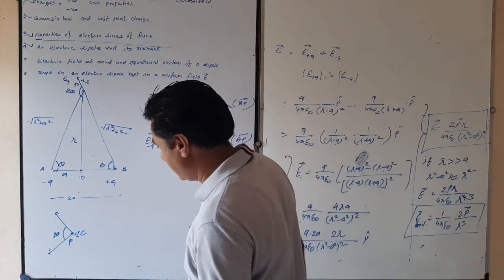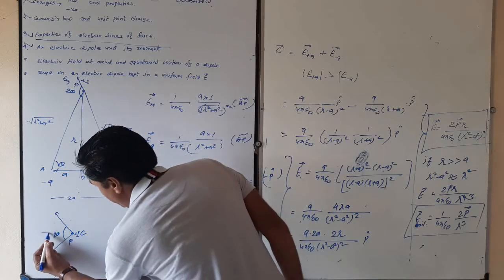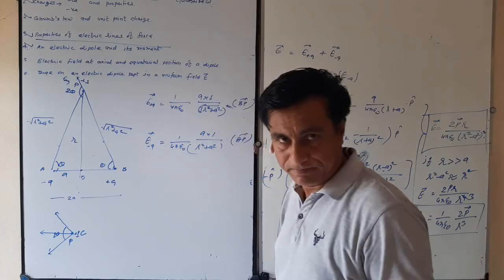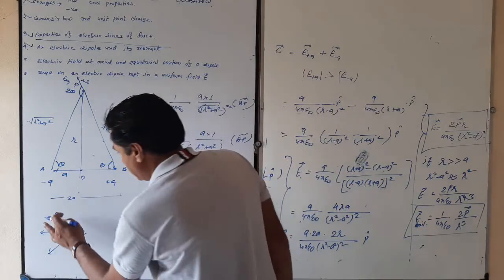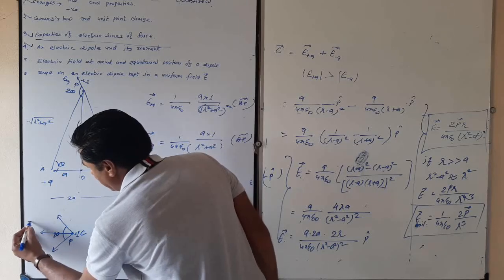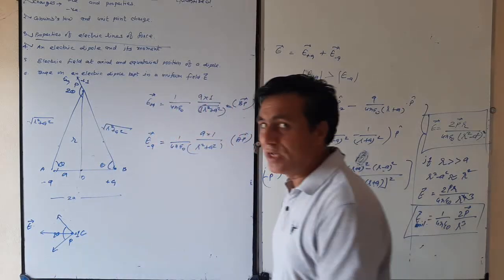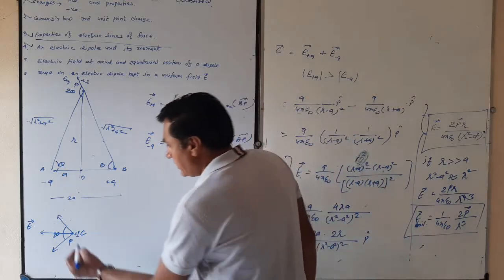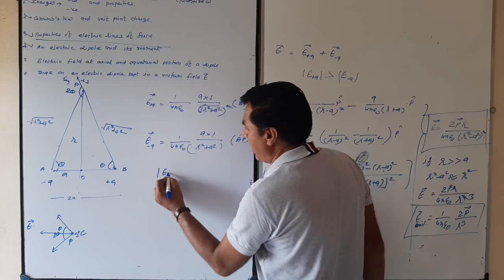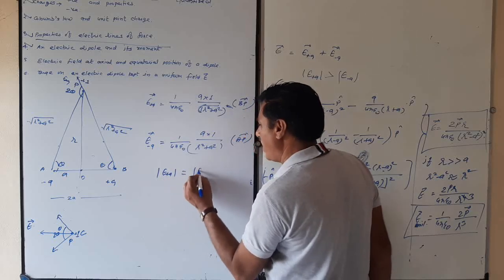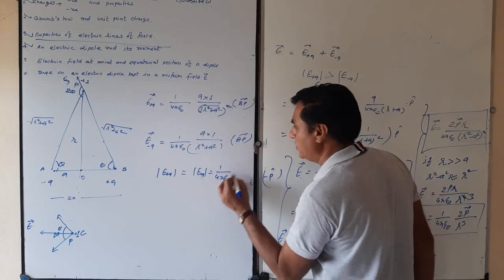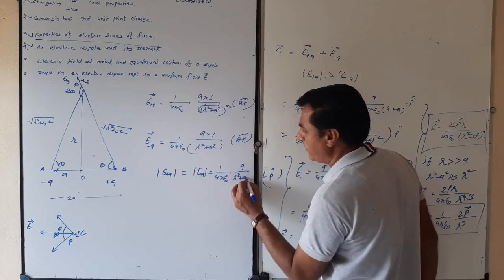Yes, the resultant vector direction will be in the direction of the angle bisector. Angle bisector means it is E due to plus Q, it is E due to minus Q, it is the resultant E due to the dipole, theta angle. Definitely we have seen the mod of E due to plus Q is equal to the mod of E due to minus Q, and both magnitudes are 1 upon 4 pi epsilon 0 Q upon R square plus A square.